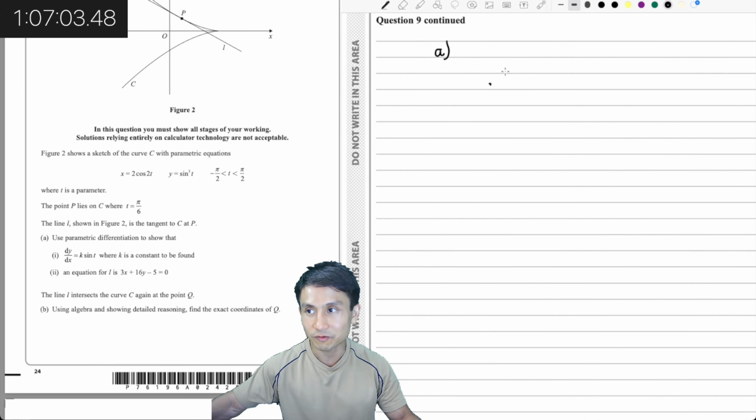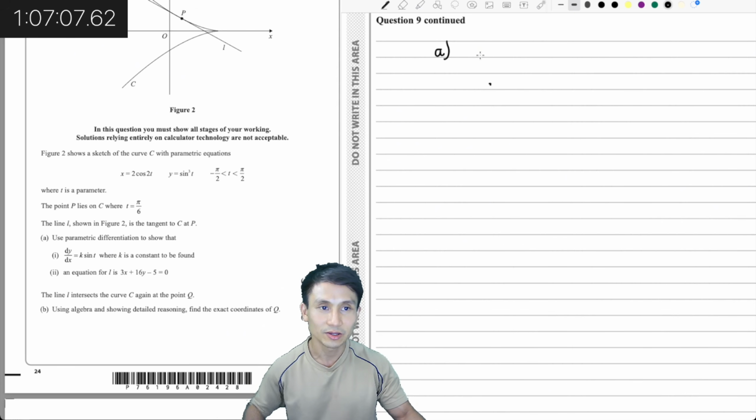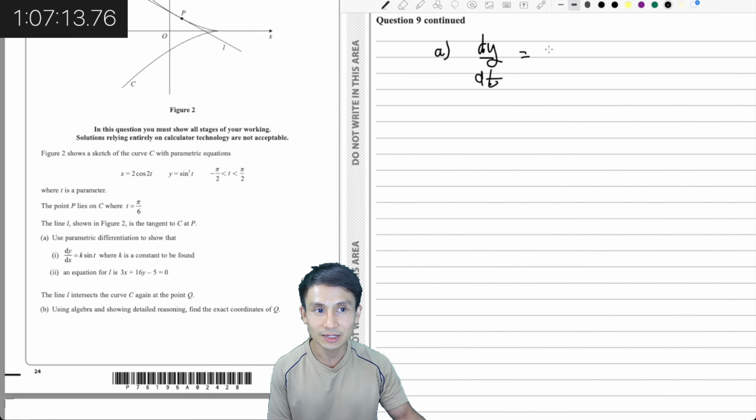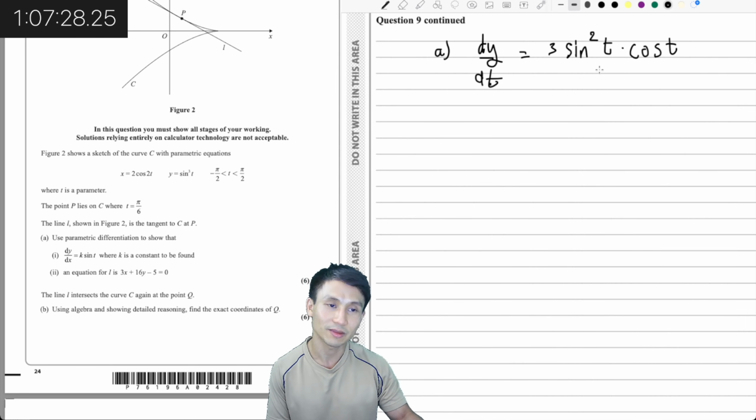Use parametric differentiation to show that dy by dx equals k sine t. Okay, so parametric differentiation, we do dy by dt equals, that is 3 bringing down, differentiating the y with respect to t. We use a chain rule. So the power subtracted by 1, we get sine squared, and then differentiating the sine t, we get a cos t.